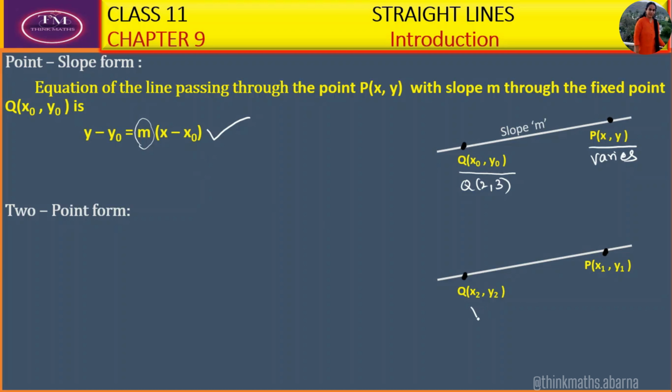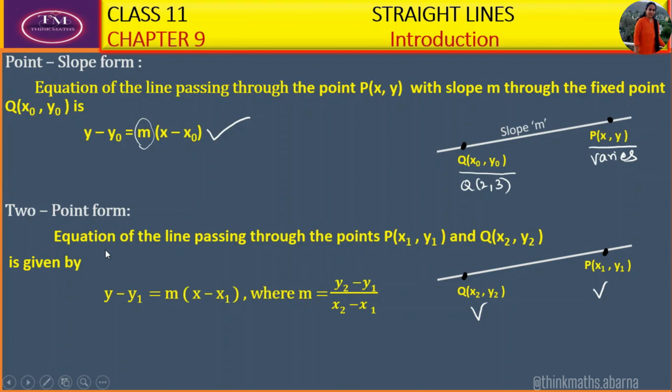Suppose both points vary, P and Q differ, then you can find the equation of the line using the 2-point form. So if these 2 points P of x1 comma y1 and Q of x2 comma y2 are given, then the equation of the line is y minus y1 equal to m into x minus x1, where m is the slope.